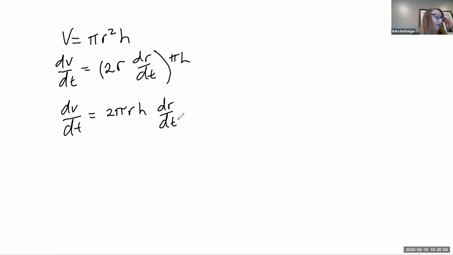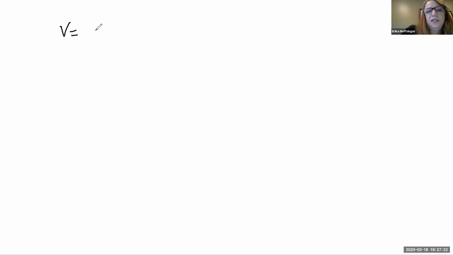And last but not least, how is dV/dt related to dr/dt and dh/dt if neither r nor h is constant? So I'm going to add another page and do it on that. So again, we got V is equal to pi r squared h.